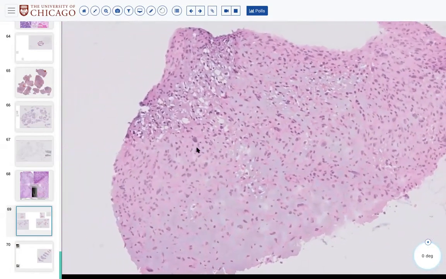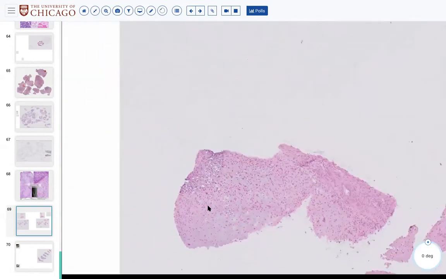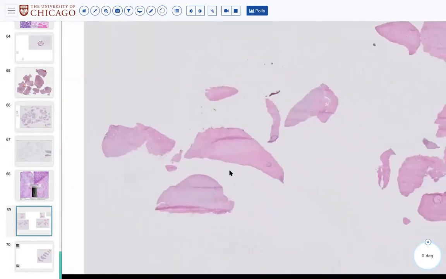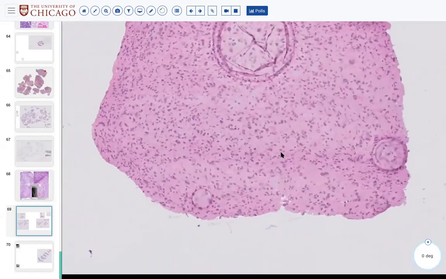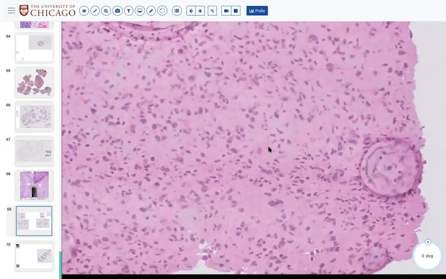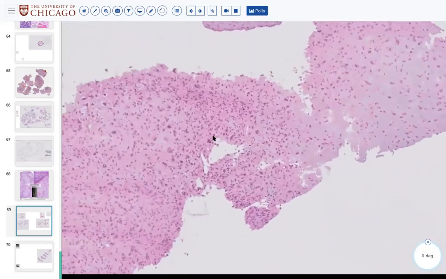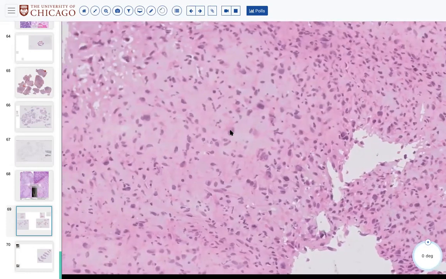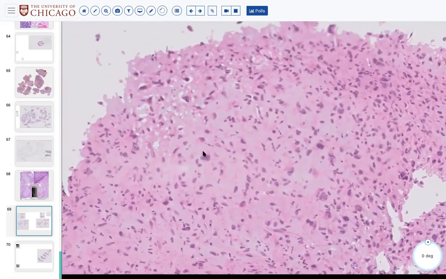It could be chondrosarcoma or osteosarcoma forming. Yeah, like a chondroblastic osteosarcoma or a CMF-like lesion.